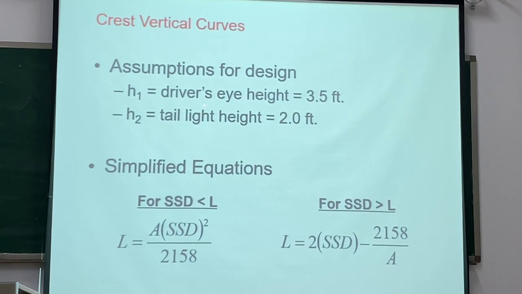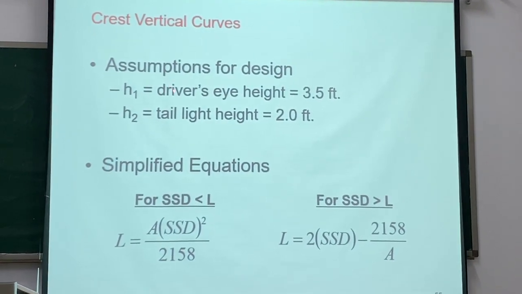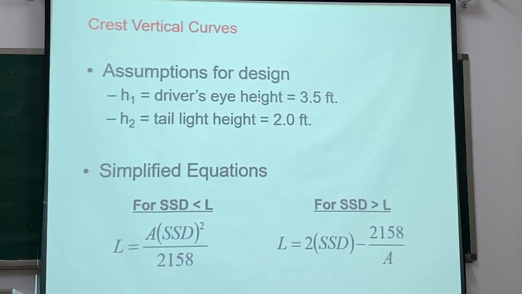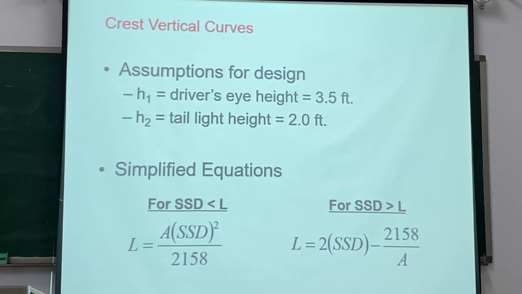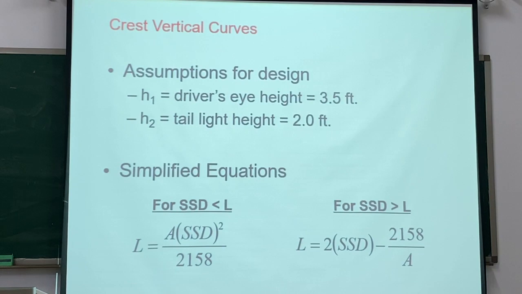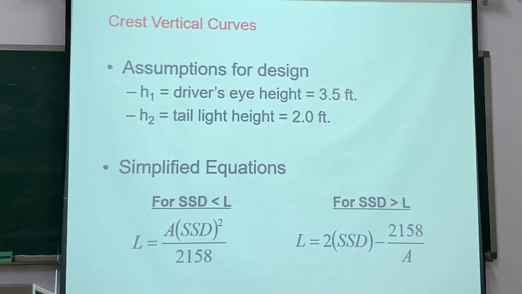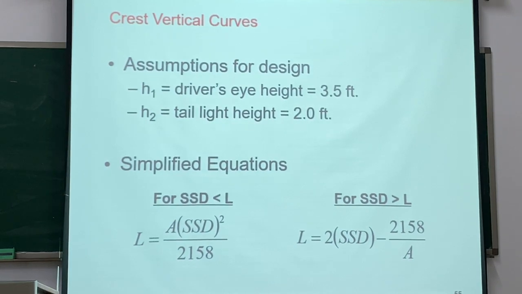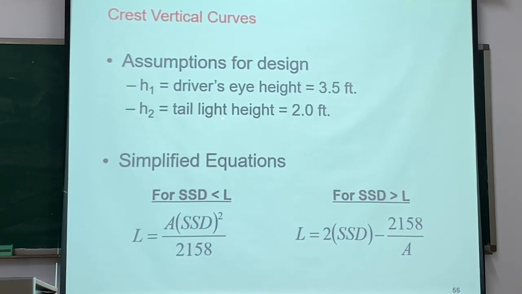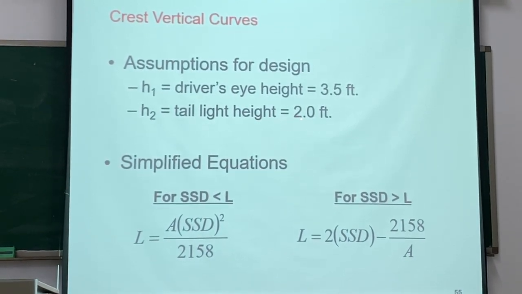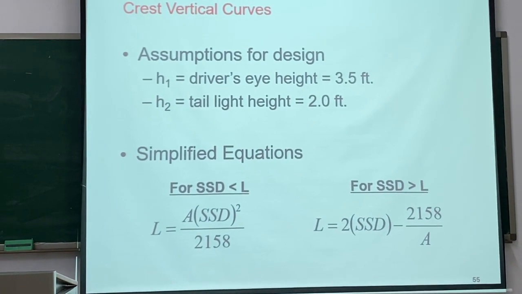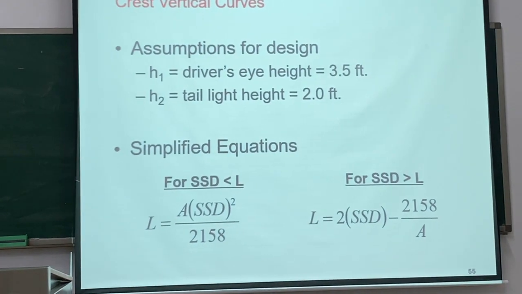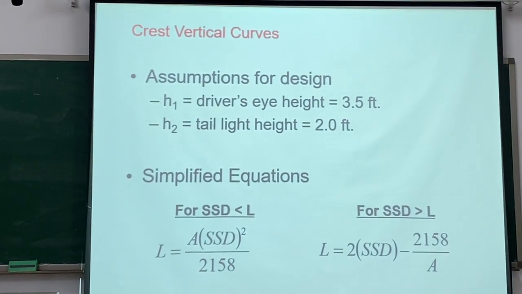Assumptions for design. H1 is the driver's eye height, which is usually about 3.5 feet. H2 is the tail light height. This is why short people cannot drive? Okay, because of the driver's eye height. Is that why short people cannot drive?